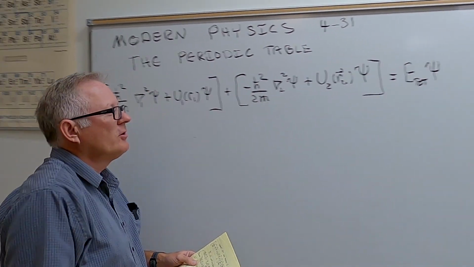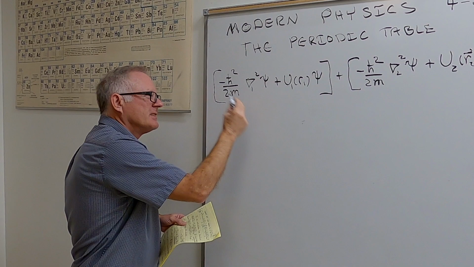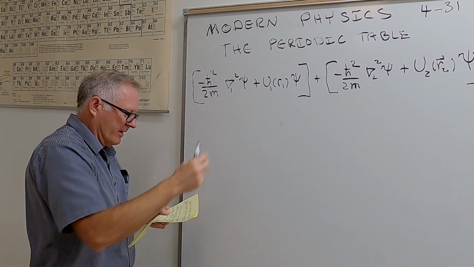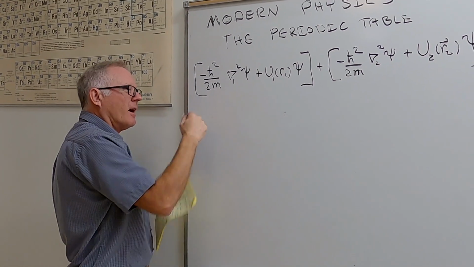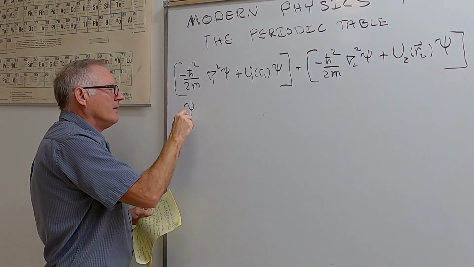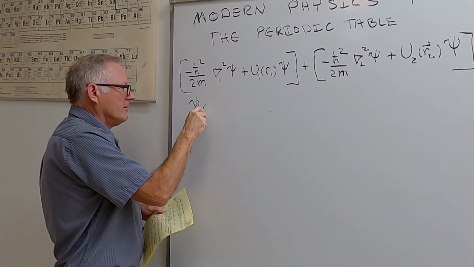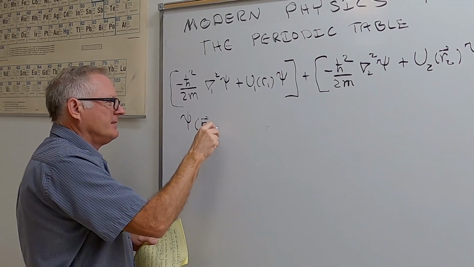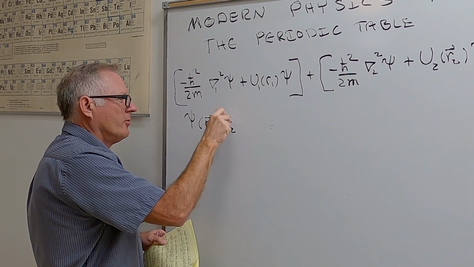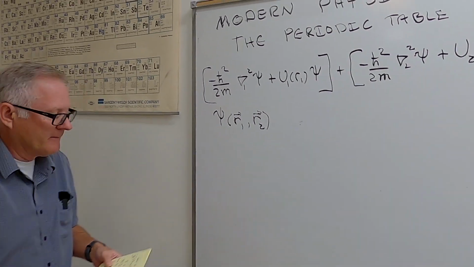You notice you only have one wave function, psi, for both particles. So this one psi for a combination is a function of R1, for one of the electrons, and position R2, the other electron right here.